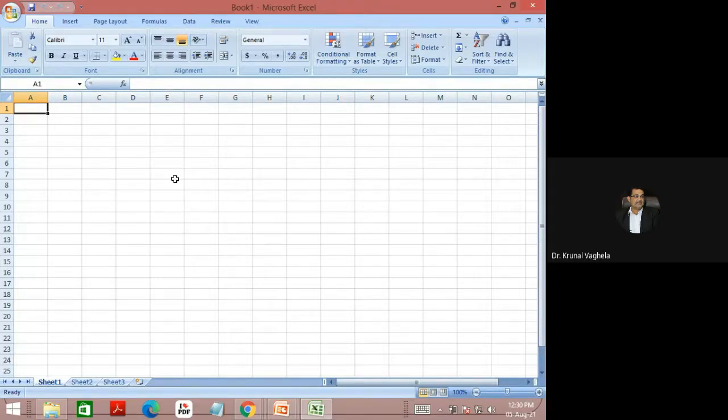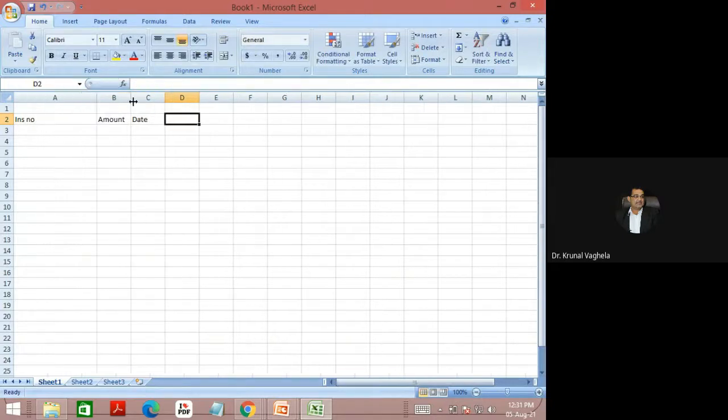Consider the table called installment, where the columns are installment number, amount, and date.